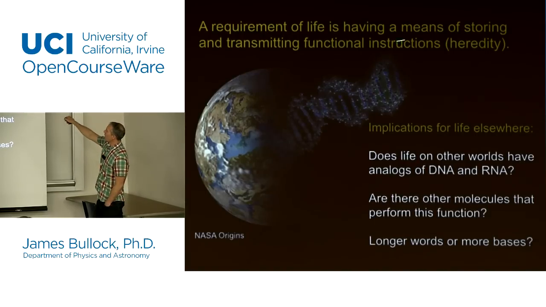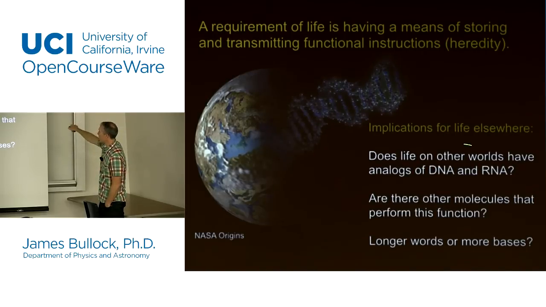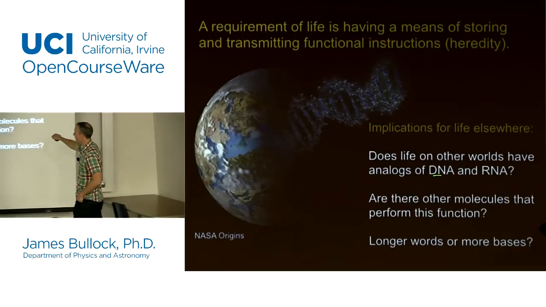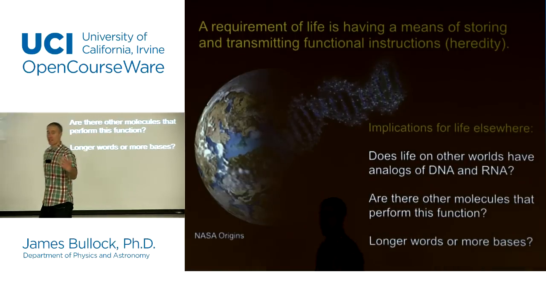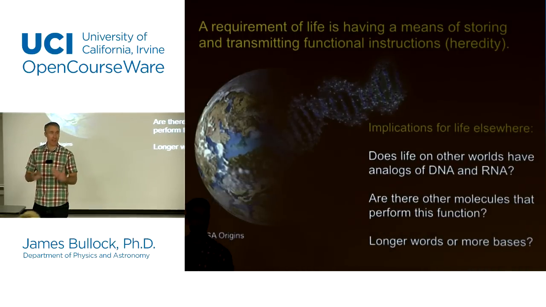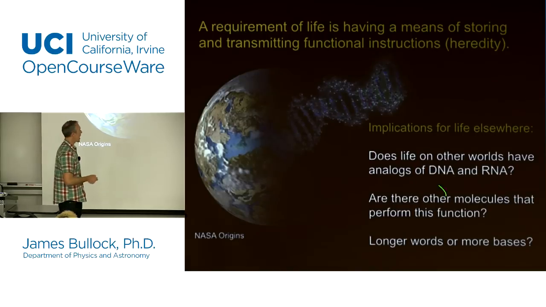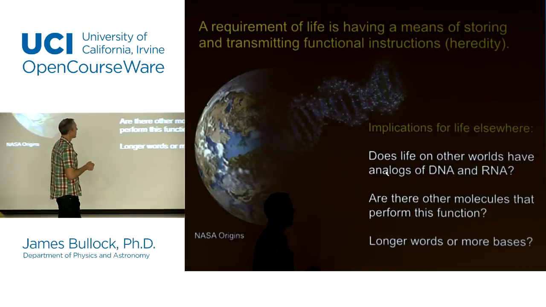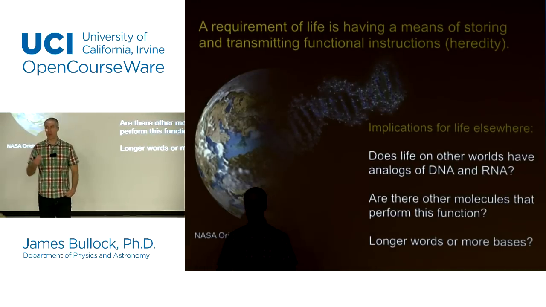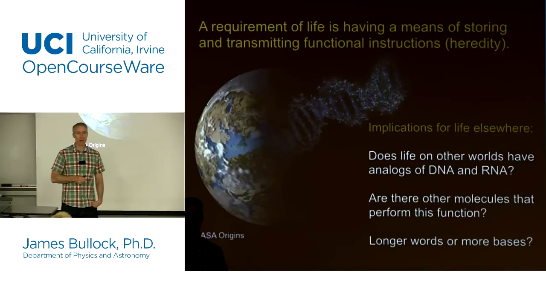So a requirement for life is you have to have a means of storing and transmitting functional instructions, heredity. The implication for life elsewhere is, does life on other worlds have analogs of DNA and RNA? That would be really weird if it had exactly DNA and RNA, but does it have to have some kind of analogs that serve the same functions? Probably.